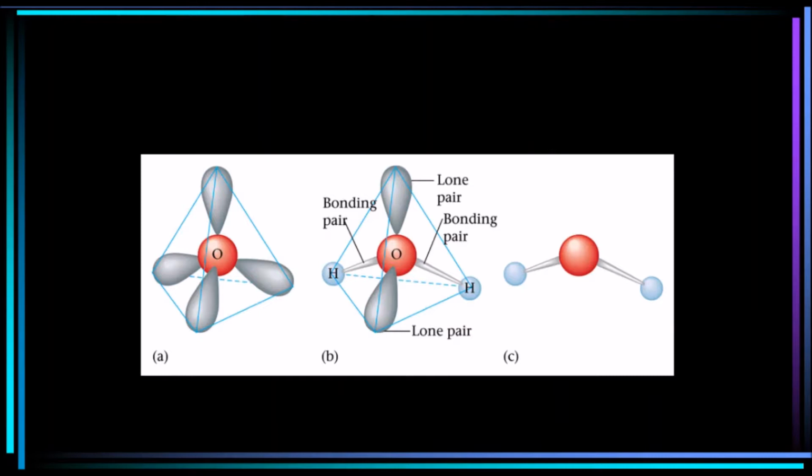This has 4 sides, but only 3 of the sides are bonded. So it's pyramidal. This one is still 4 sides, but only 2 sides. So it looks like it's been kind of bent. So pass those around. Please don't take them apart and rearrange them. That drives me insane.